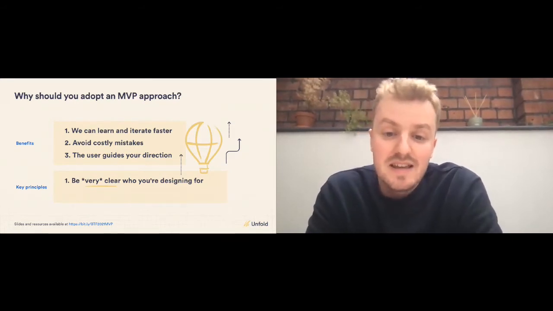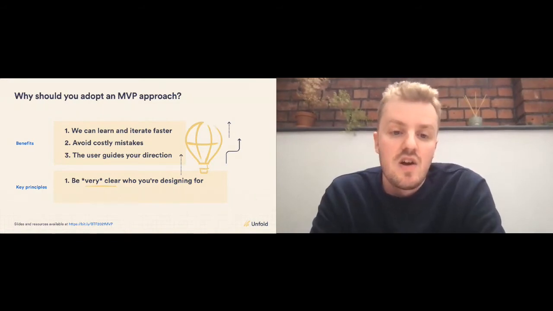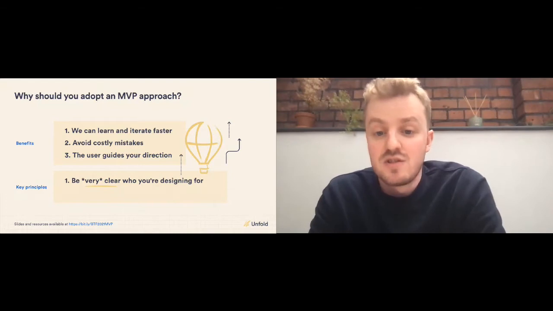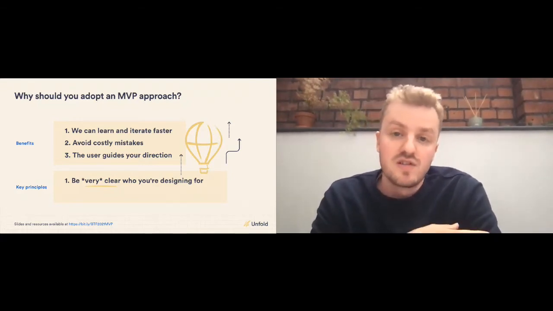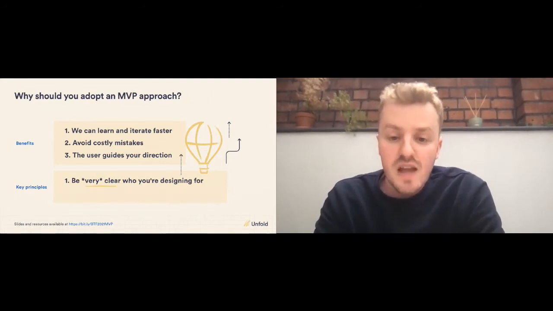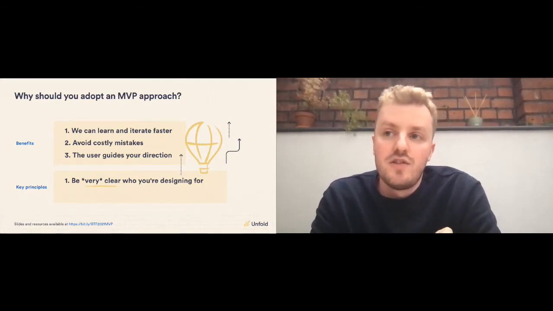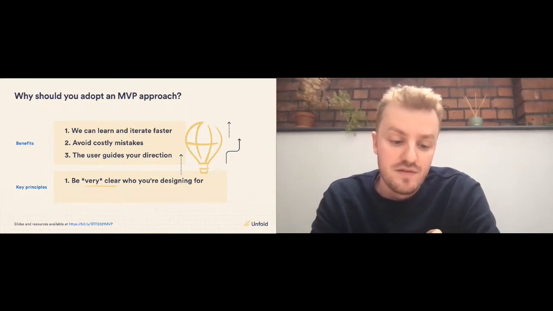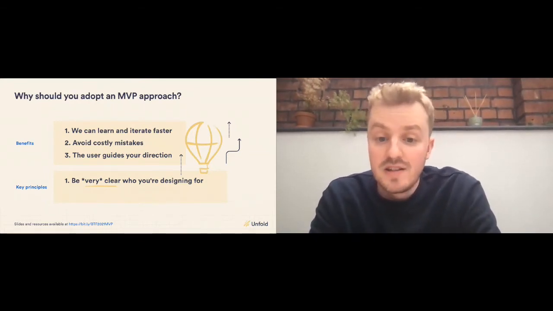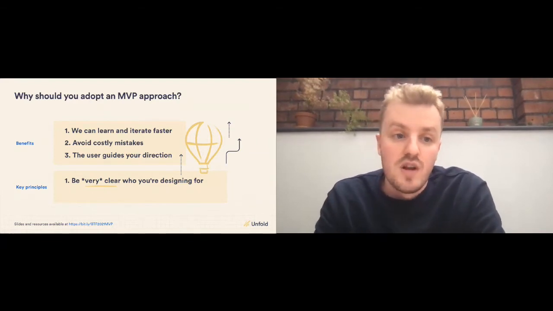And I think particularly when you're thinking about MVPs, you need to stay razor focused on producing something which is exceptional for a very small group of people, because you will learn a lot more, you'll get more engaged feedback, and you can be clearer about the type of features and the type of things that should go into that MVP, because you have a clear idea of who you're designing for.